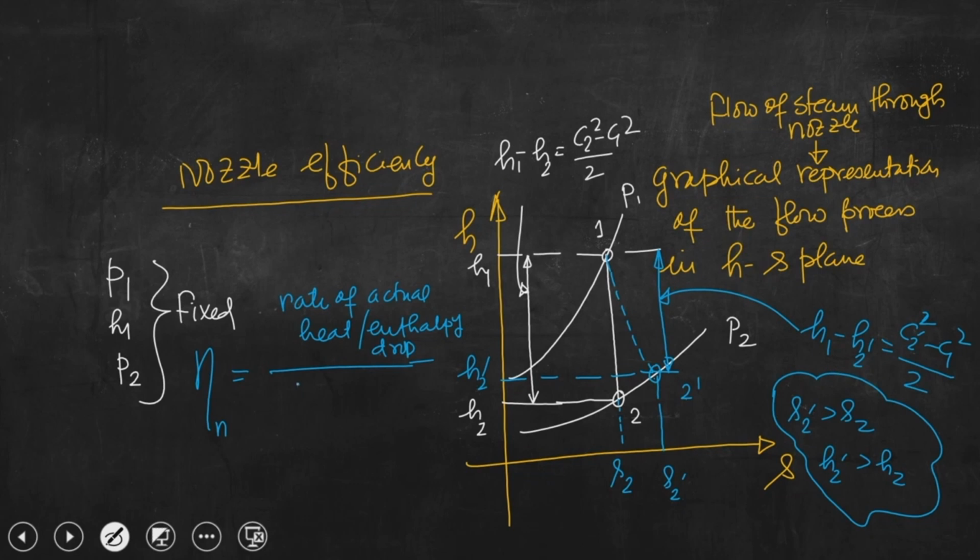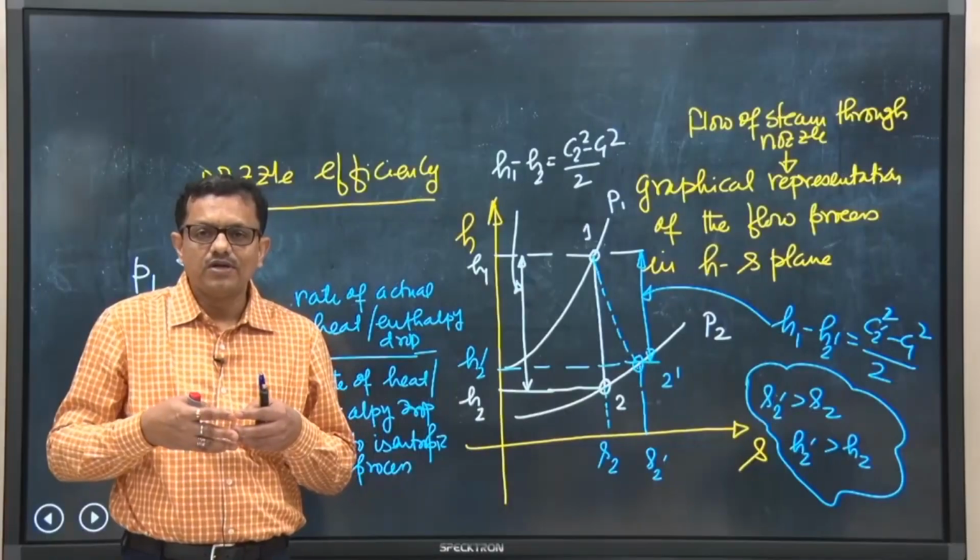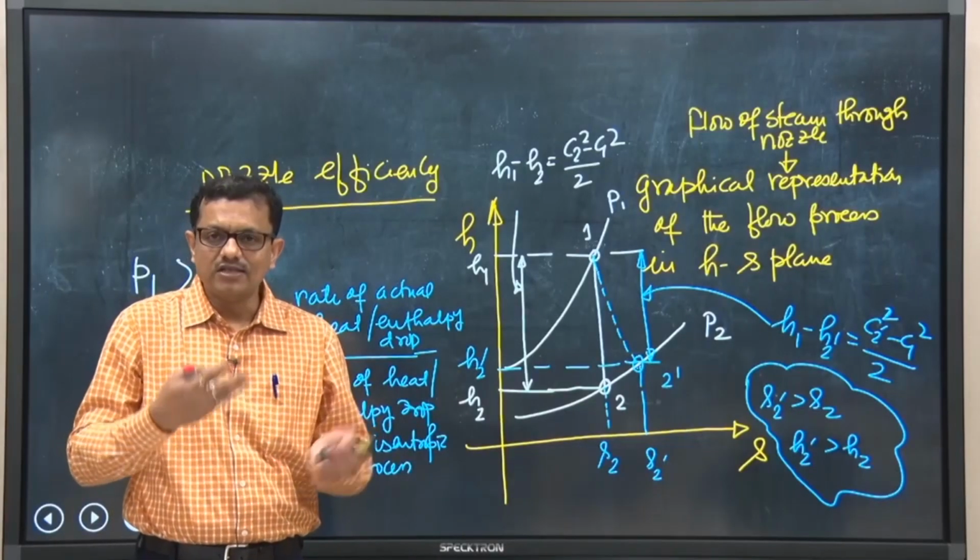That means we can say that nozzle efficiency is defined as the ratio of the actual heat drop to that due to isentropic process.